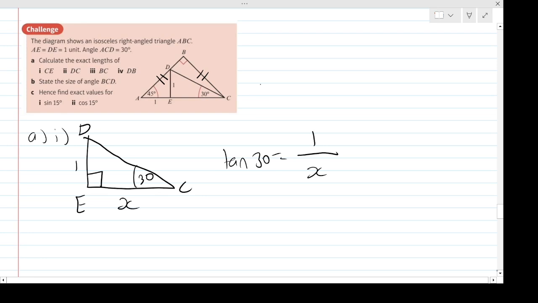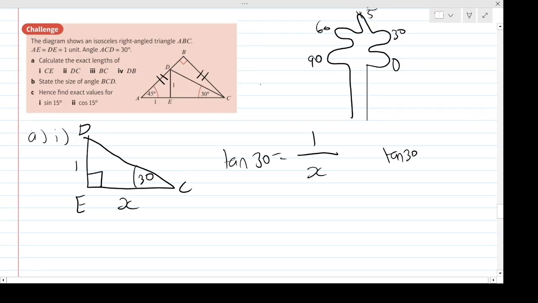So again, we can use our hand method. Okay, so we have 0, 30, 45, 60, 90. So for tan 30, I'm going to do it over here.